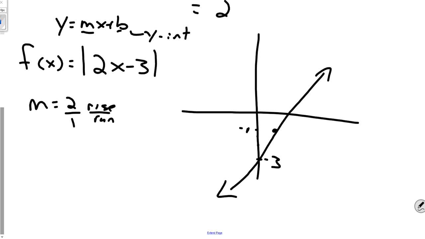But because this is an absolute value function, it's going to take any values I get that are negative and make them what? So instead of -3, the actual value would be at, very good. So then your actual line looks like this.